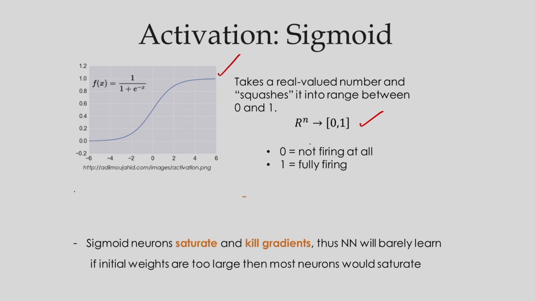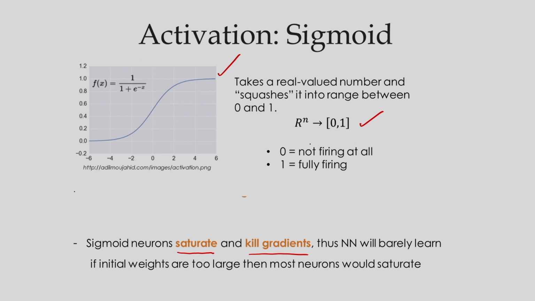And one problem of the sigmoid function is that sigmoid neurons saturate and kill gradients. That is the main problem of the sigmoid function, the saturation problem and killing gradients, because we have to train the network based on the stochastic gradient descent algorithm, and that already I have explained.